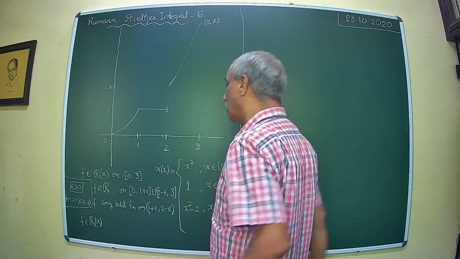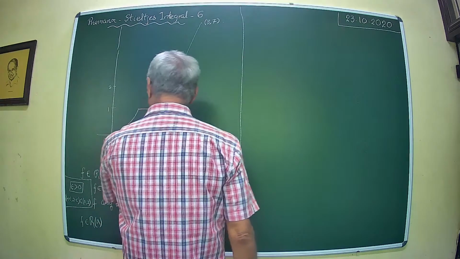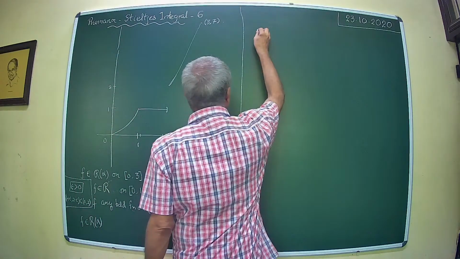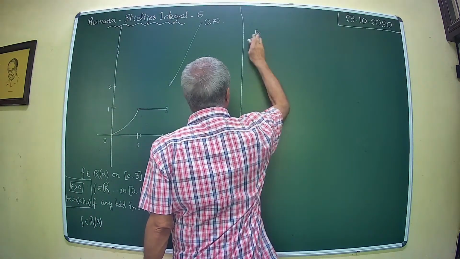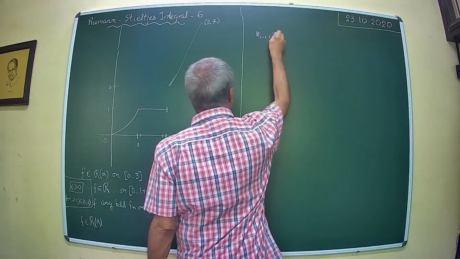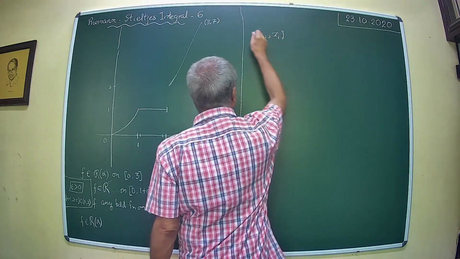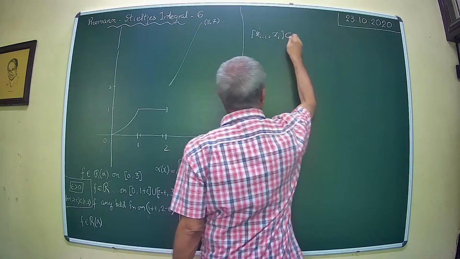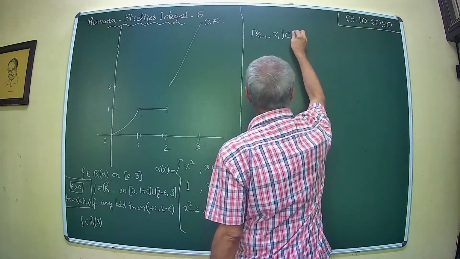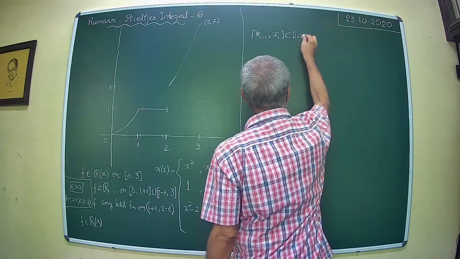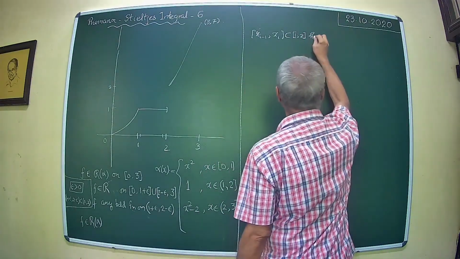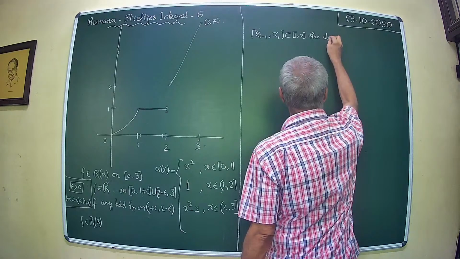This is because of the following facts. You take any x_{i-1} to x_i contained in the interval (1, 2), it has its alpha length.